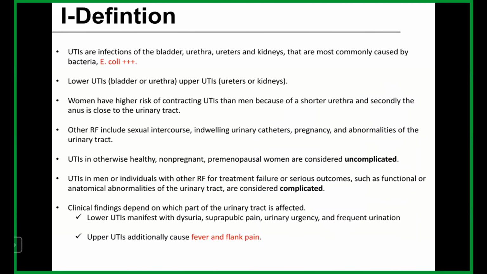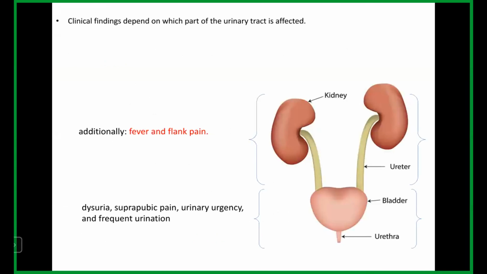The clinical findings depend on which part of the urinary tract is affected. As simplified here, this is the urinary tract system, which is composed of the kidneys, both right and left, the ureters, bladder, and urethra.